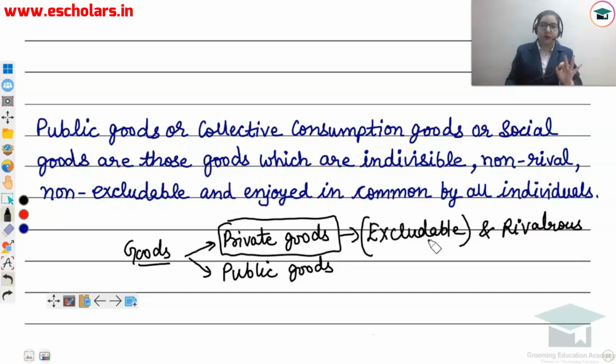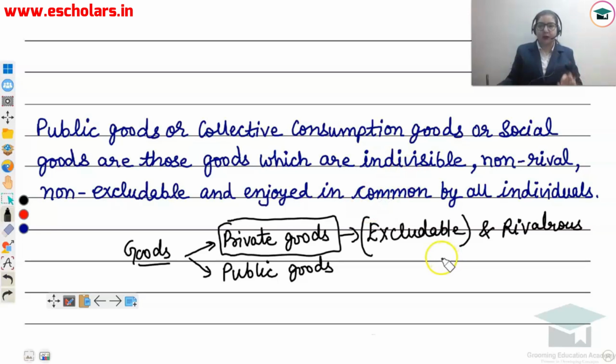The persons who can pay the price of the laptop can consume the services of the laptop, right? And vice versa. So private good is excludable. For example, apple. The persons who can pay the price of apples can consume the apples and vice versa.